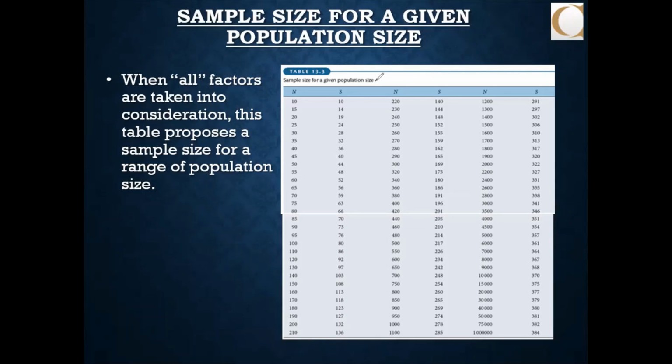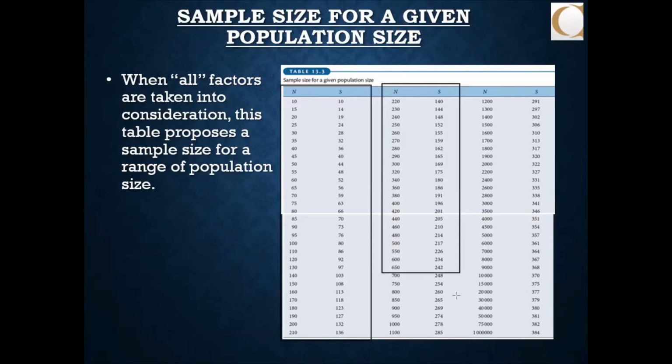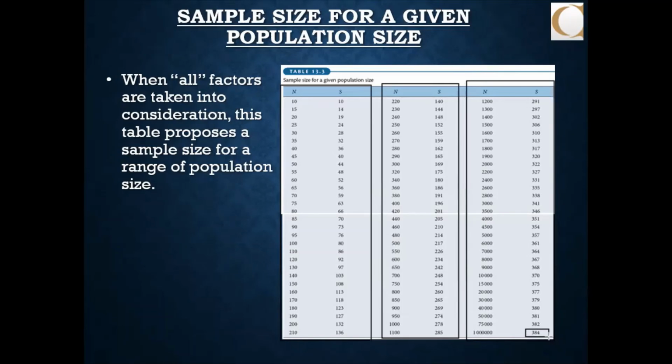N is the population, and then sample size is S. So sample size of 384 is good for this number.